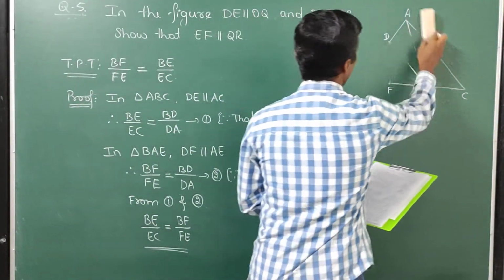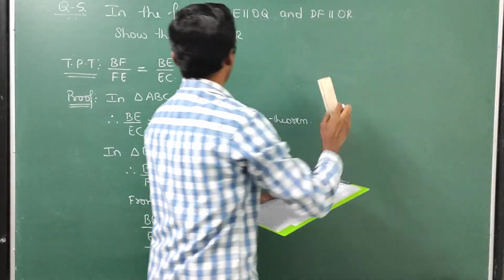From that we have to prove that EF is parallel to QR.